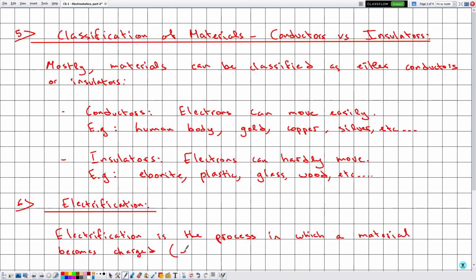And by that I mean electrified. In the coming section we're going to discuss the different methods of electrification.